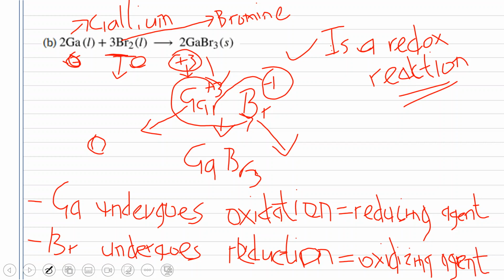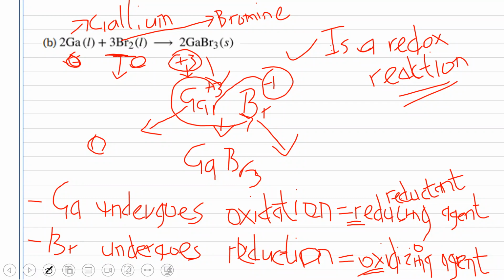So bromine is the oxidizing agent. Gallium becomes the reducing agent. So this helps us to solve our question. This is the reductant. Reducing agent is the same as reductant. I hope you're paying attention.